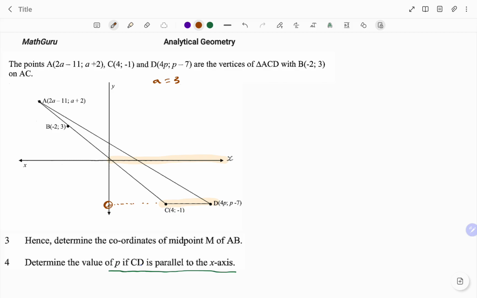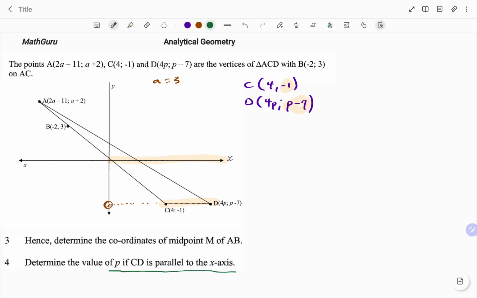So I have the coordinates of C, which is 4 and -1. Then the coordinates of D is 4p, then p minus 7. With my explanation, they have different x coordinates but the same y coordinates, so I'm going to equate that together.